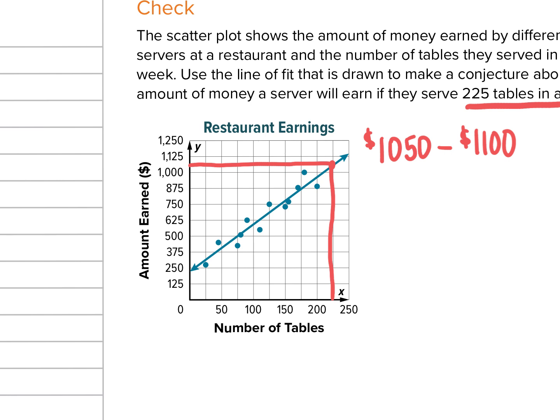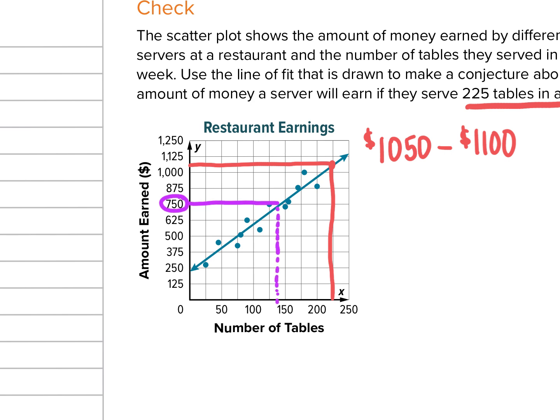What if I ask you, if a server made $750, how many tables did they work? So this time you're starting off with the 750, hitting your line, which I just went a little bit too far, and then coming down.